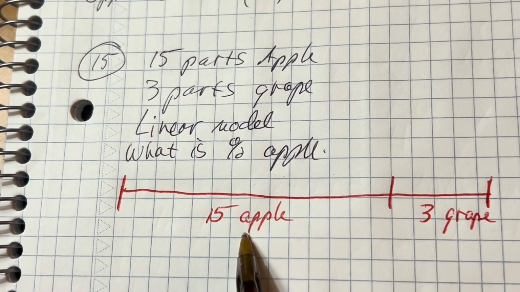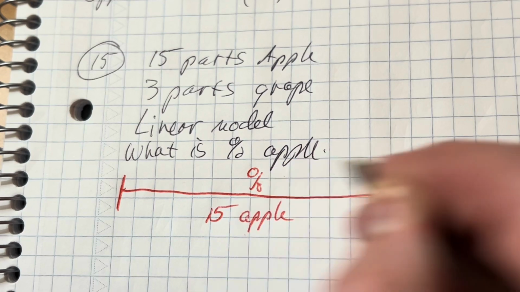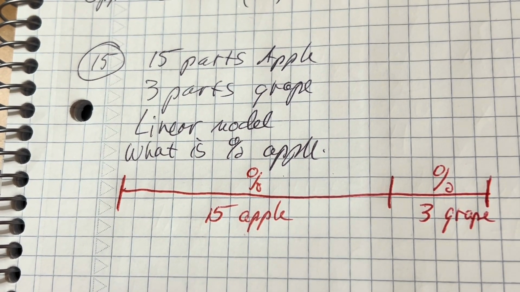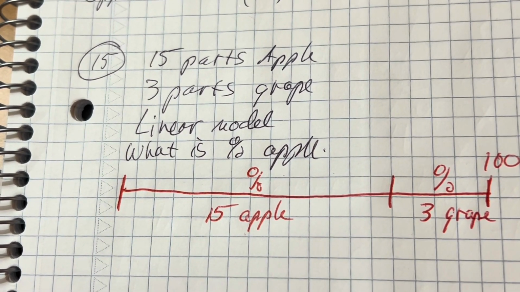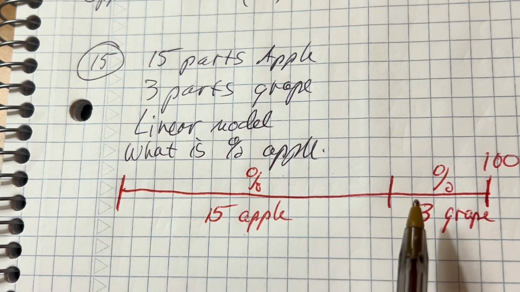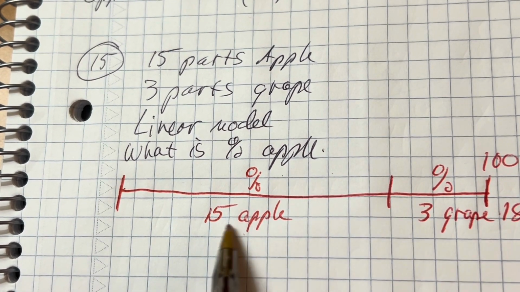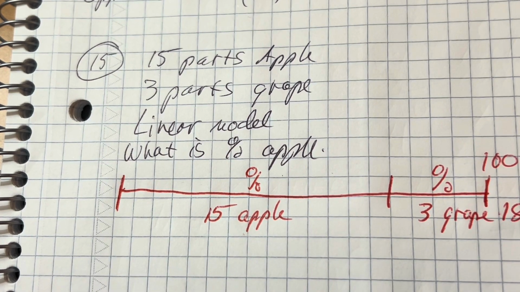Well, this apple, let's see, I don't know what the percent is. I don't know what this percentage is. What do I know? Well, I know it's 100% total, right? And I know 15 and 3, when you add those together, that makes 18. So the total parts is 18 parts.